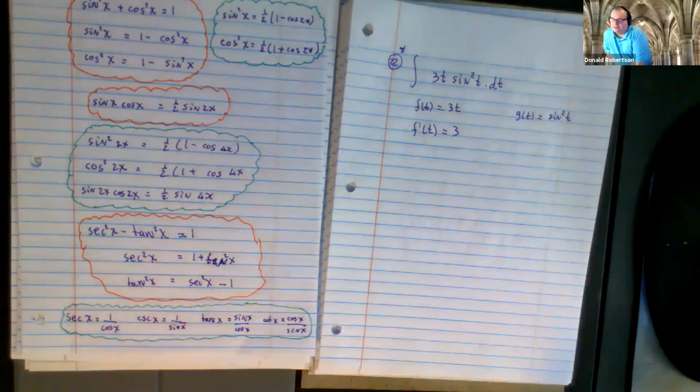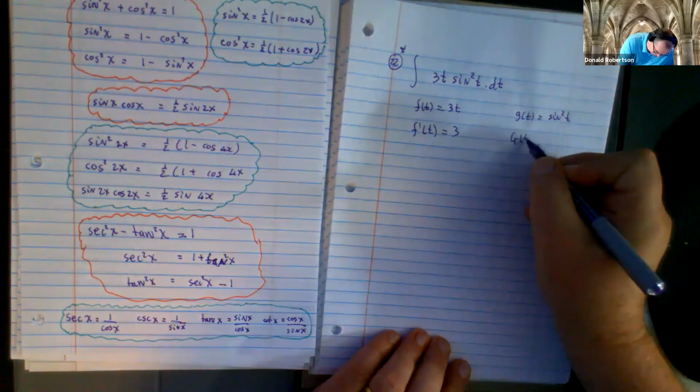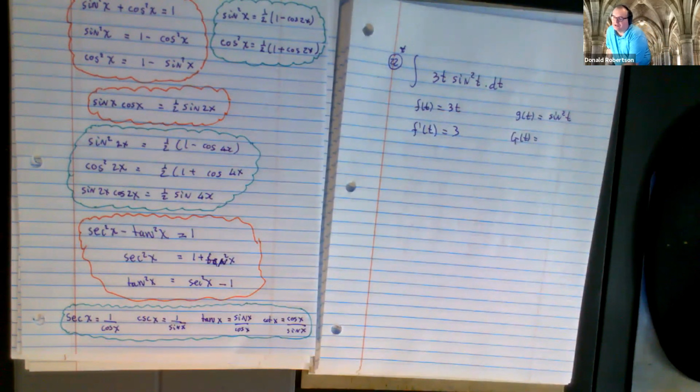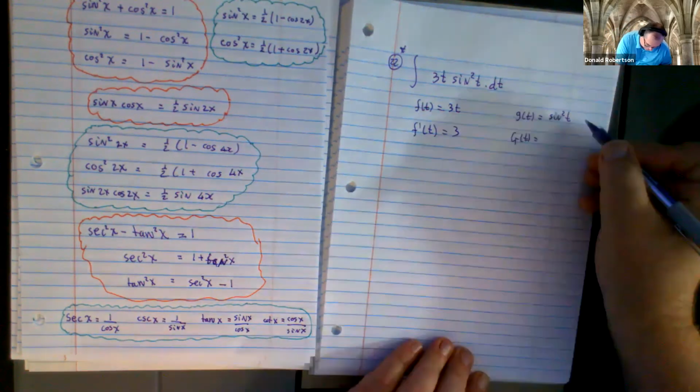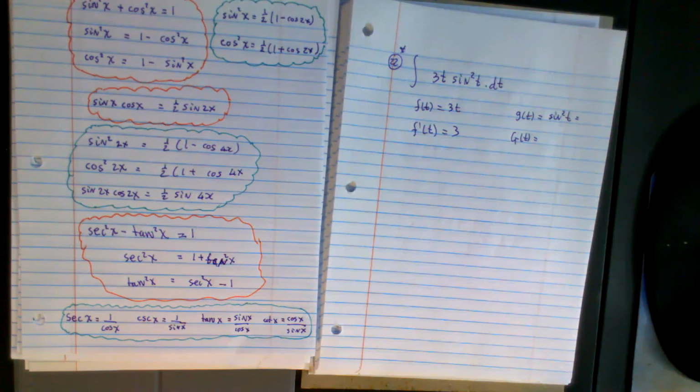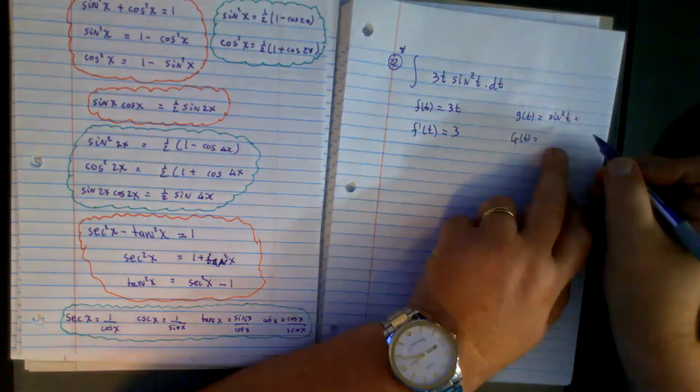Don't you have to find the capital G of t, the integral of sine squared? We can't get integrals of sine squareds, can we, guys? Don't we have to turn them into something to get the integral? What do I change sine squared t into in order to find its antiderivative? 1/2 times 1 minus cosine 2x.